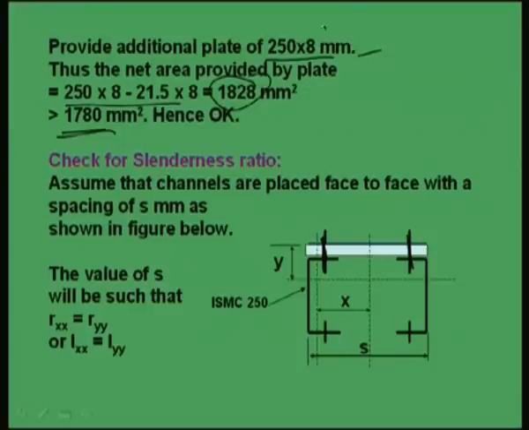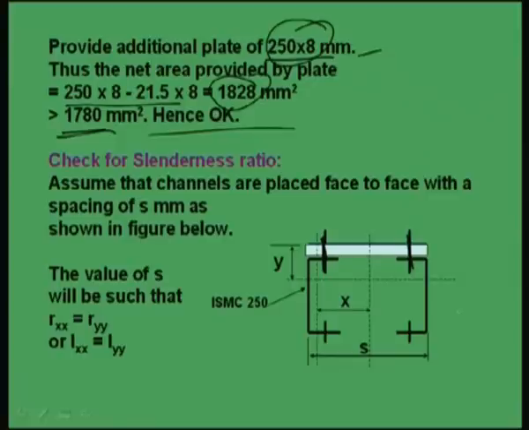So, providing this much plate is sufficient to take care of the load. Now, we have to go for the checking of the slenderness ratio. What we have seen so far is that we can use a plate of 250 by 8 with channel sections placed like this, which can take the required amount of load.